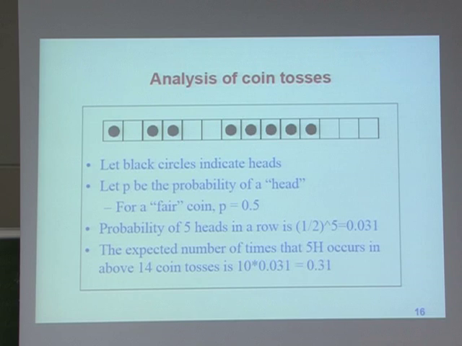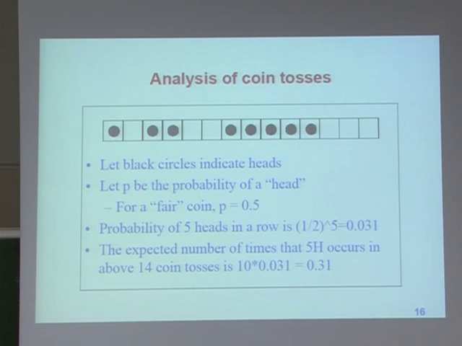Now, to get 5 heads in a row, you are going to toss the coin 5 times and get heads in all 5 coin tosses. That probability is 1 over 2 to the power 5.